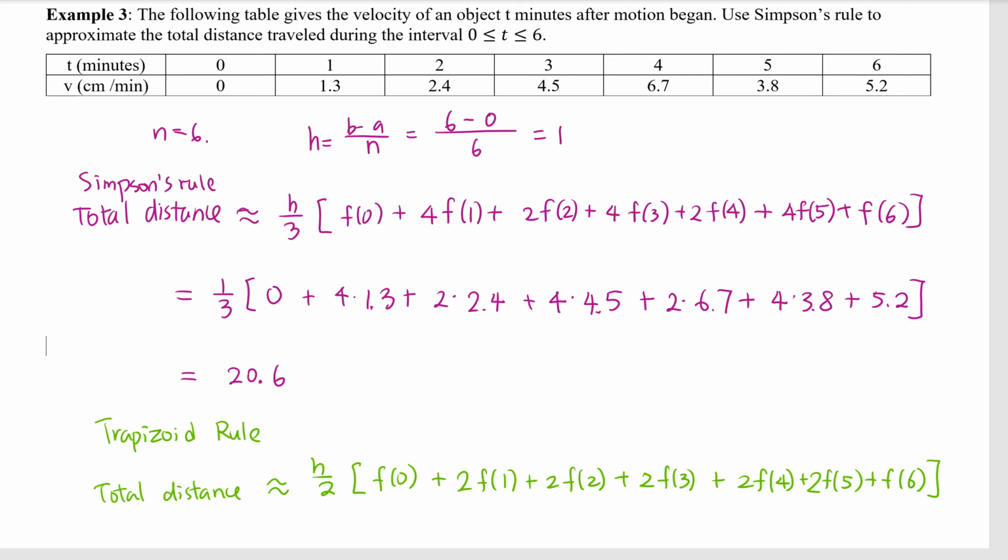So far, so good, everybody? You can compare Simpson's rule, where we have h over 3, with the trapezoid rule, where we have h over 2. Alright, let's continue.